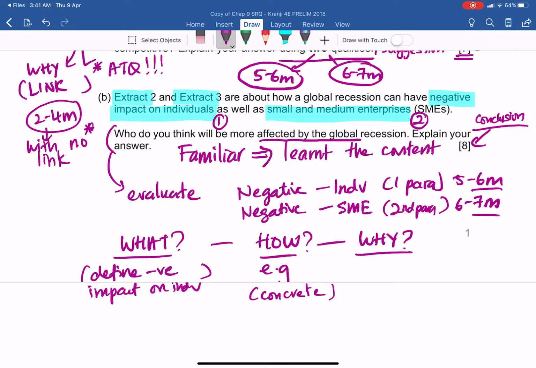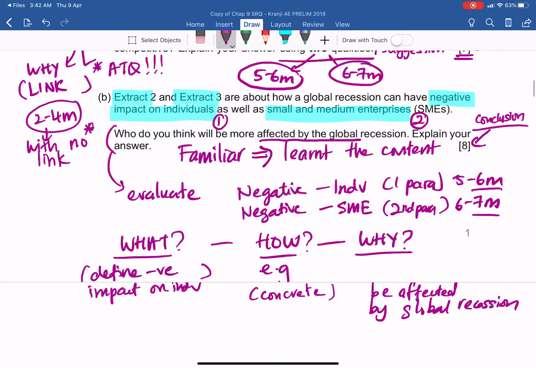And then the why is, how through this example, will the individual, for example, be affected by global recession? As you can see, I'm trying to write in my best handwriting. I hope you are also annotating this entire thing so that you will understand.